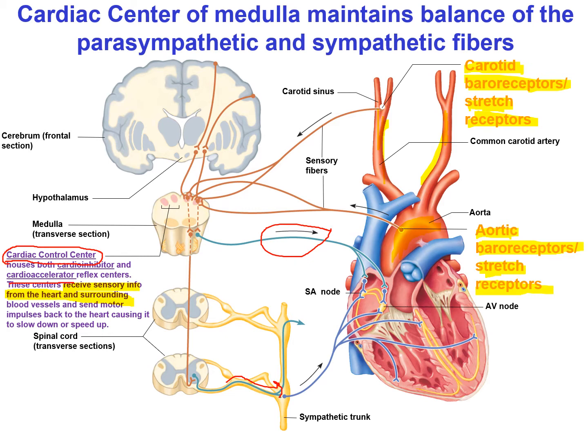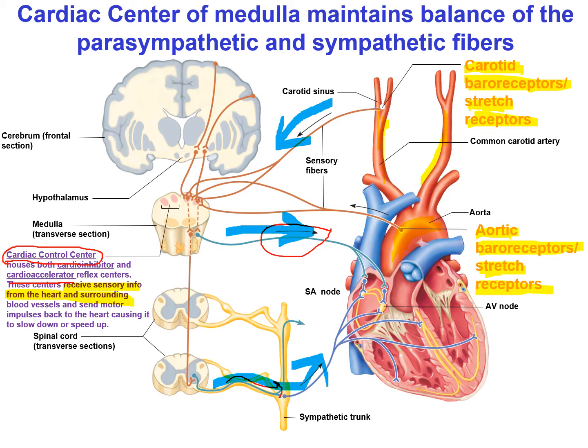So if they detect elevated pressure or even a drop in pressure, they will send sensory impulses back to the cardiac control center, and the heart can then adjust accordingly by either speeding the heart up, by stimulating the cardioaccelerator reflex center, which in turn sends signals down the accelerator nerves, which speeds the heart up, or maybe if we need to slow the heart down, we would stimulate the cardioinhibitory reflex center, which would send impulses down the vagus nerves, which would in turn slow the heart rate down.